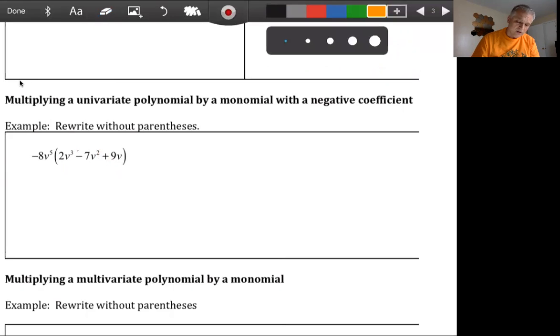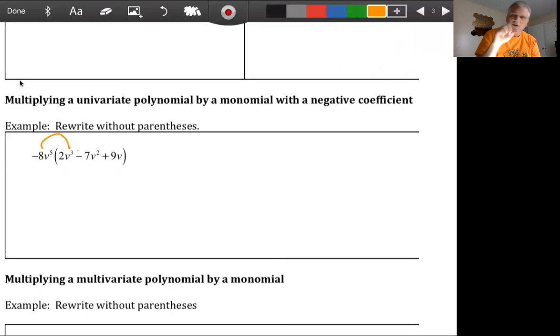So here we go. We're going to multiply it. I'm going to try to keep it color-coded to help you follow along, if you're making sure in your notes that you're getting this concept. I want to make sure that you can follow. So I'm going to go orange for negative 8v to the 5th times 2v cubed. So how do we multiply them? Negative 8 times 2 is negative 16.